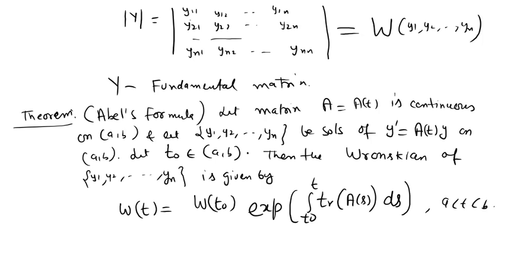So therefore you can make a remark that either W has no zeros in AB, since the exponential never vanishes, or W is always 0 on AB if W(t0) is 0.